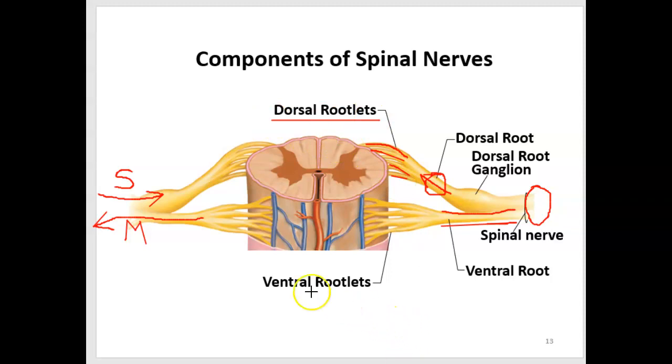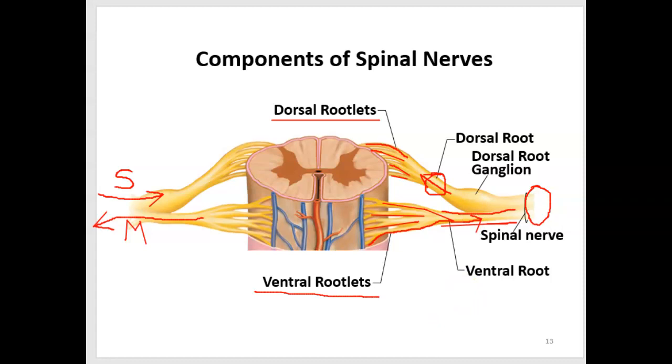We also see rootlets emerging from the spinal cord on the ventral surface, carrying motor information away from the spinal cord. These rootlets then merge together to form the ventral root, which will become part of the spinal nerve.